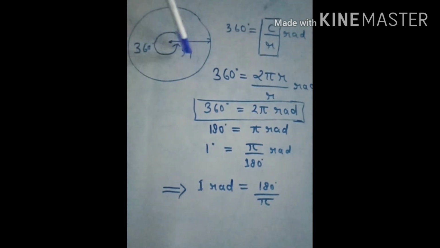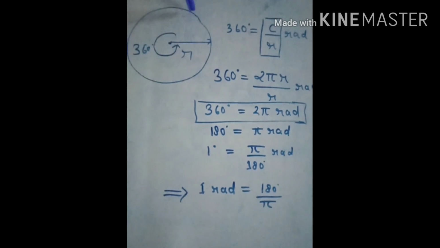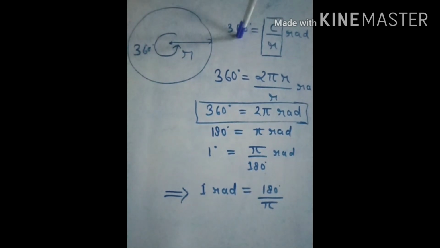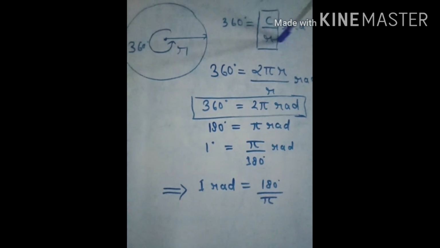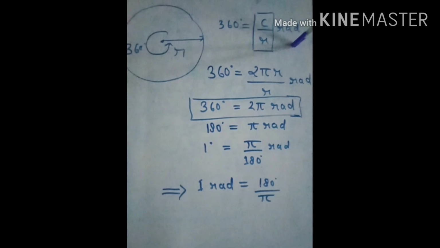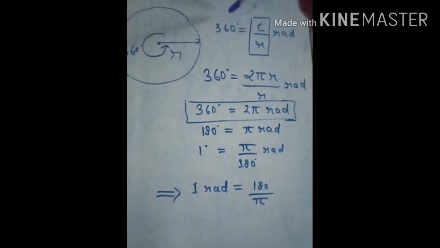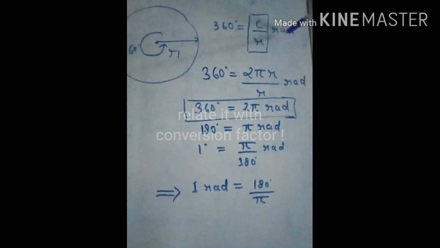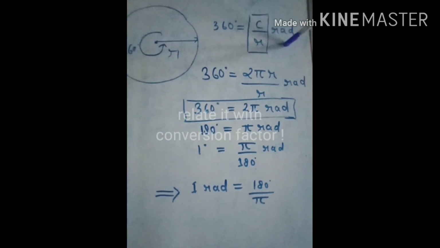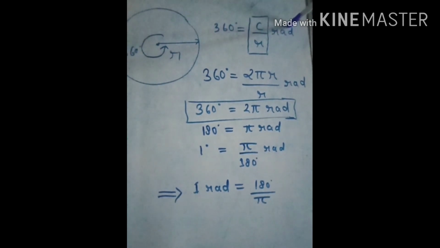Now, for finding the relation, we have considered a circle of radius r. When this r rotates 360 degree, it makes a complete circle. So 360 degree is equal to c by r rad. Now the most important thing to notice here is that 360 degree, which is in degree, and c by r, which is in radian, means we are converting one system of unit to another system.